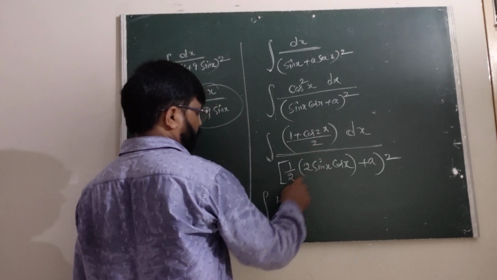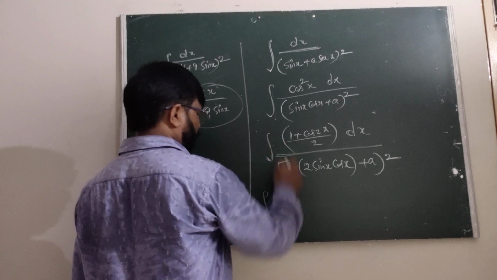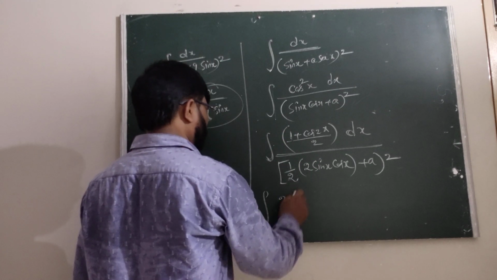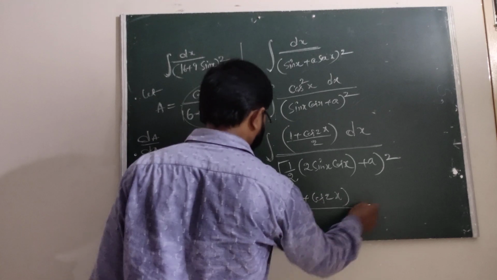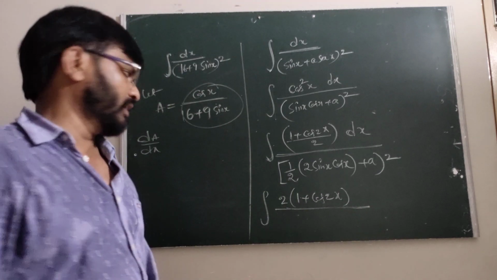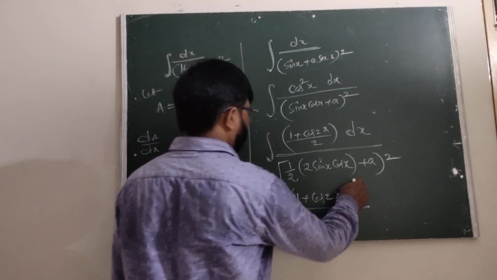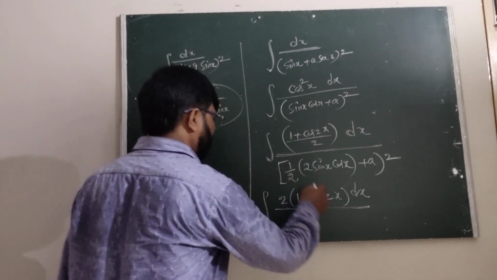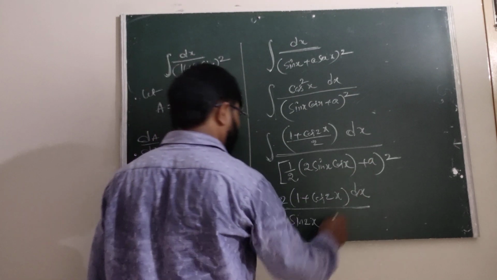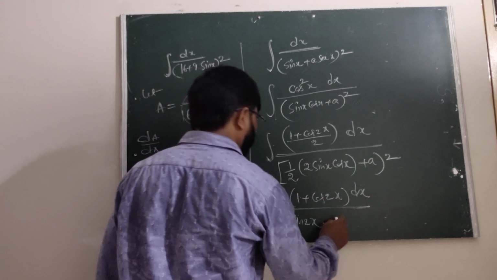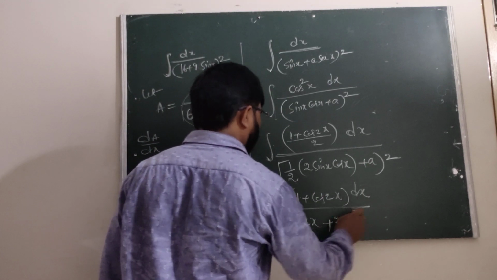Here the LCM is 2, here 4, so 2 into 1 plus cos 2x, therefore into dx upon the sin of 2x plus 2 into a, which is 2a, whole square.